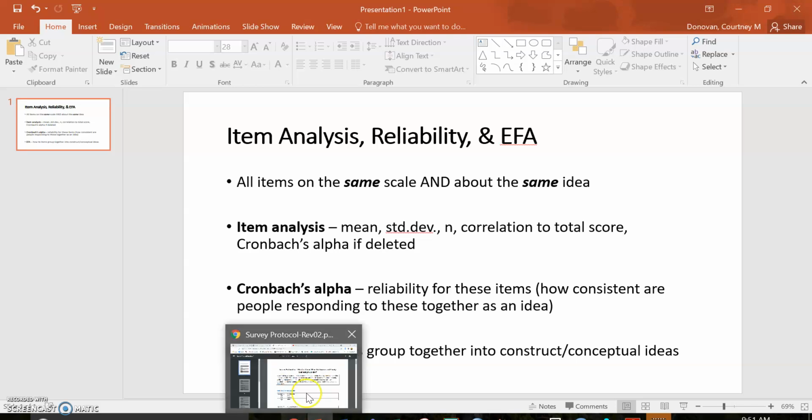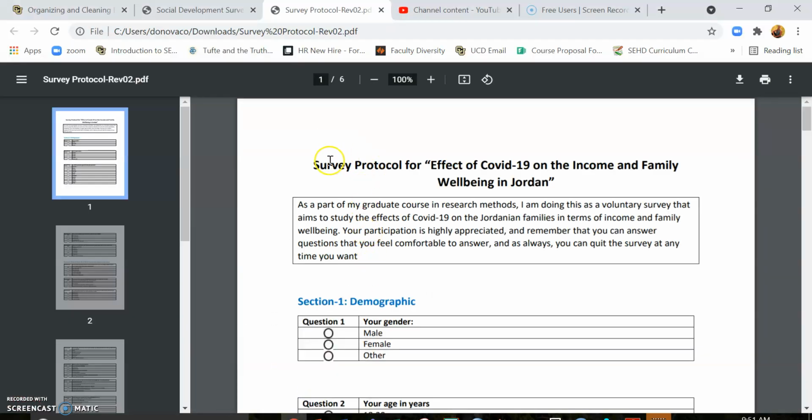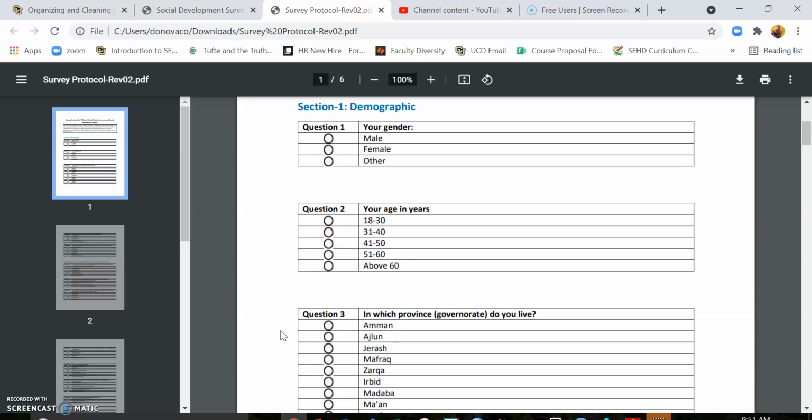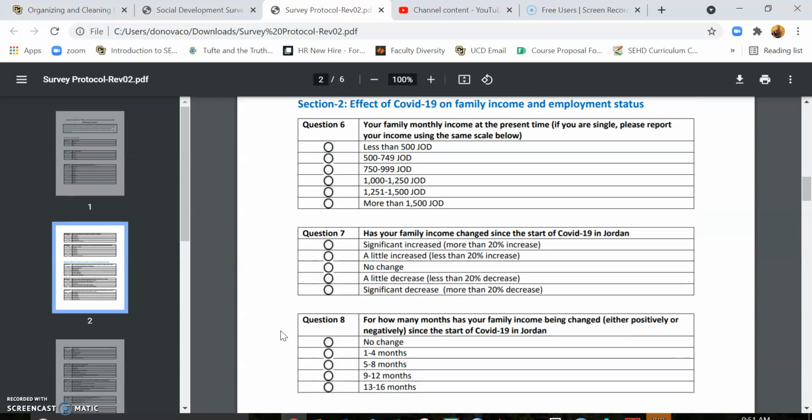Let's look at a couple examples. Just because we have a survey doesn't mean we're going to use everything for this analysis. These are only our continuous items. So all of these demographic questions are great. We're not using them. In this section too, first of all, we see that it's effective COVID, but these are really also kind of demographic information, trying to get some background.